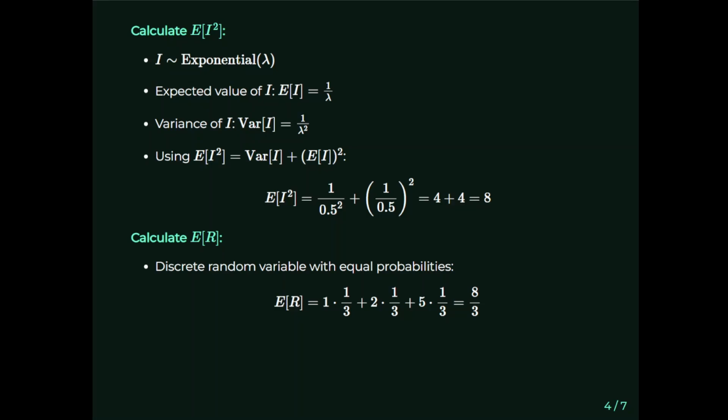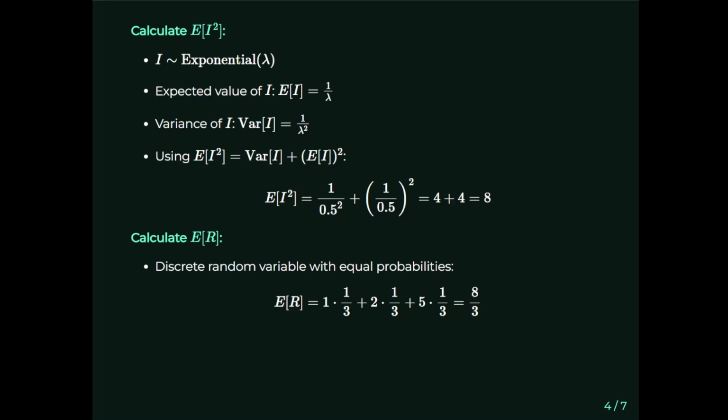The expected value of I squared equals the variance of I plus the expected value of I squared. That is 1 over 0.5 squared, which is 1 over 0.25, which is 4, plus 1 over 0.5 squared, and again that is 4. So the expected value of I squared is 4 plus 4, which is equal to 8.